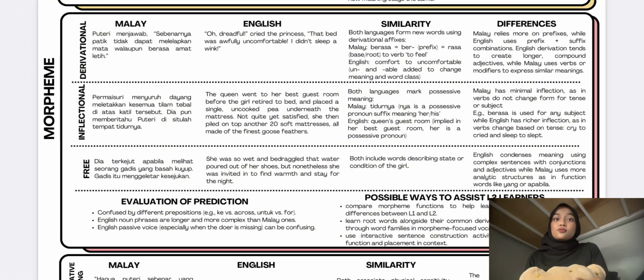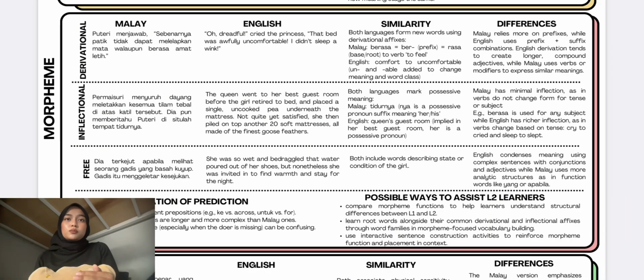And the last one is free morphemes such as function words, yang, apabila in Malay, that, but, which in English, might not seem complex individually but can be confusing due to differing syntactic functions in each language.